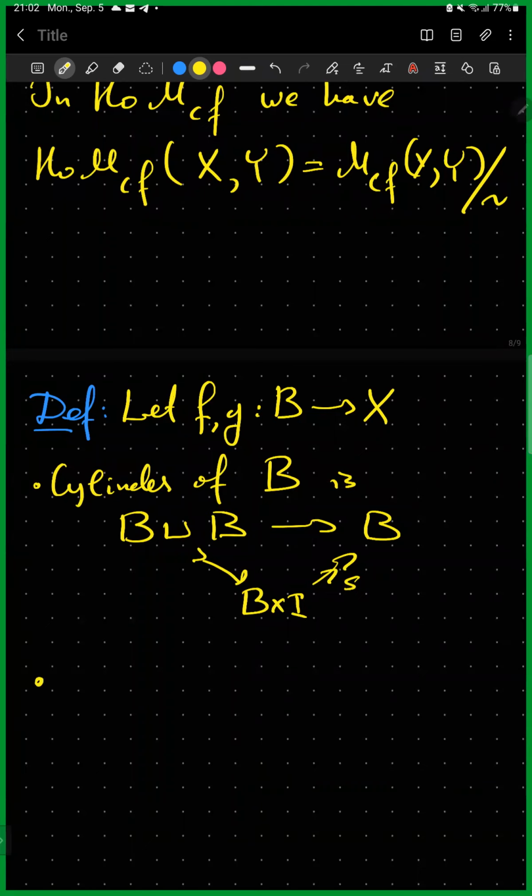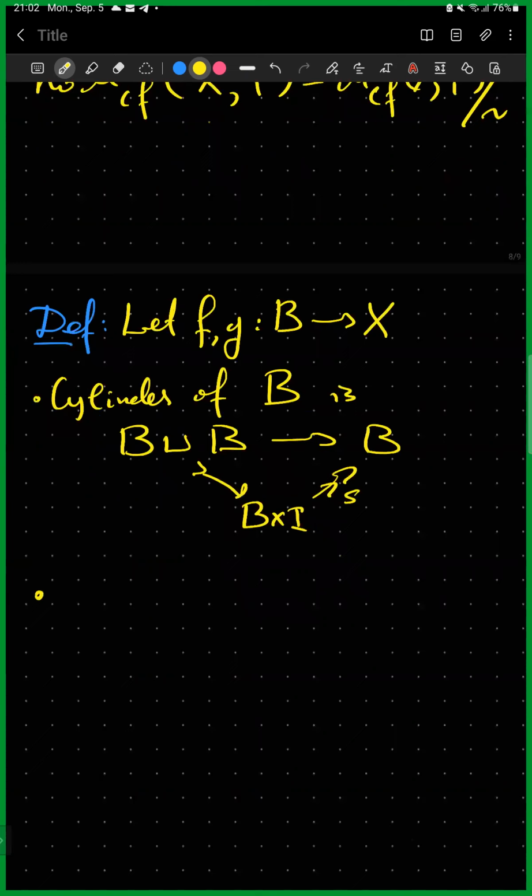Analogously, or better yet dually, we have a path object of an object X. The path object of X is an object that comes from the factorization of the diagonal map.